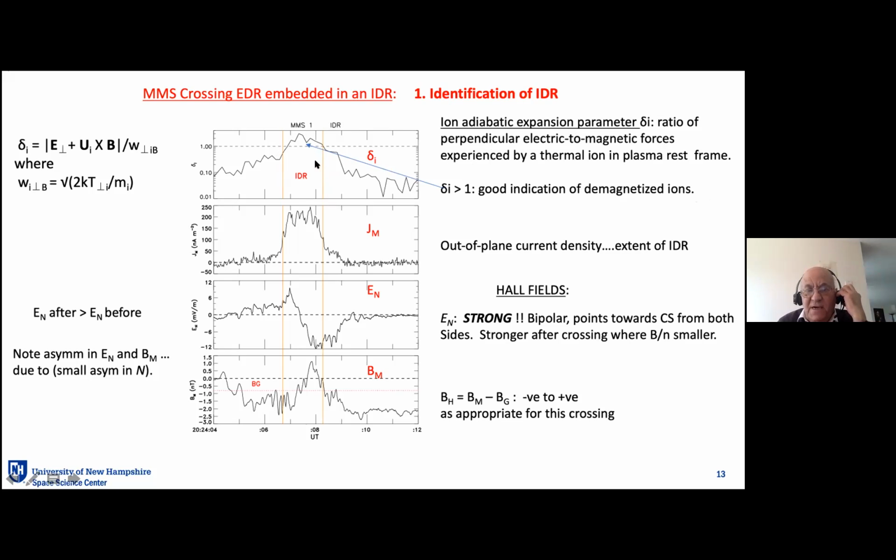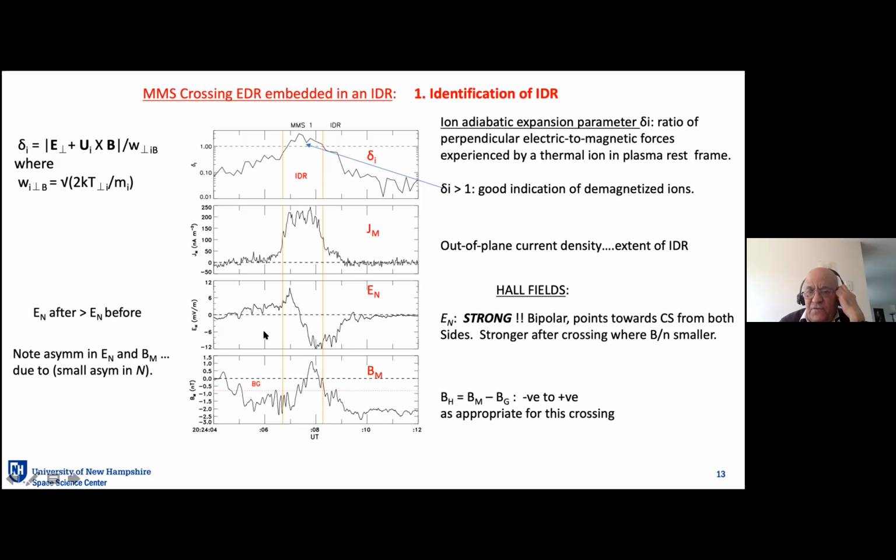This rough idea is confirmed by the JM, which is maintaining the Hall fields, which is also in this part. And then you have the Hall fields. You have the EN here, pointing on both sides to the current sheet, plus and minus. Then you have the Hall field, B field, which is BM minus the guide field here, which is negative to positive.